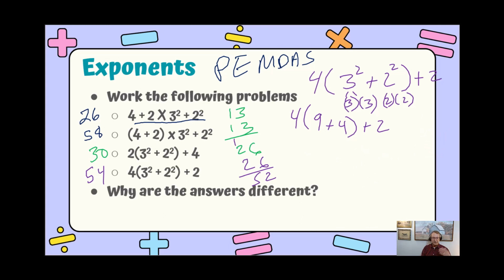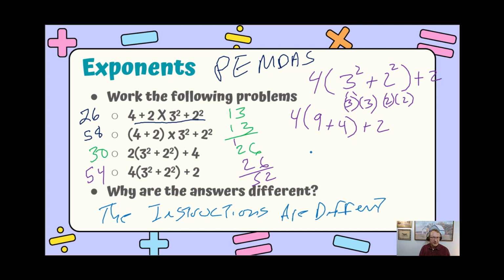And I'm just going to summarize what I've heard: the instructions are different. So even though they look like they're the same problem, they really aren't. They're different problems because the instructions are different.